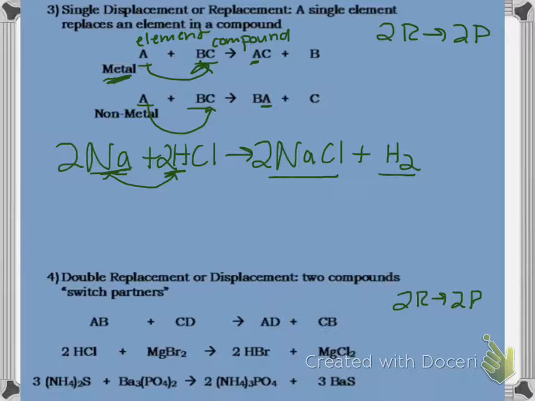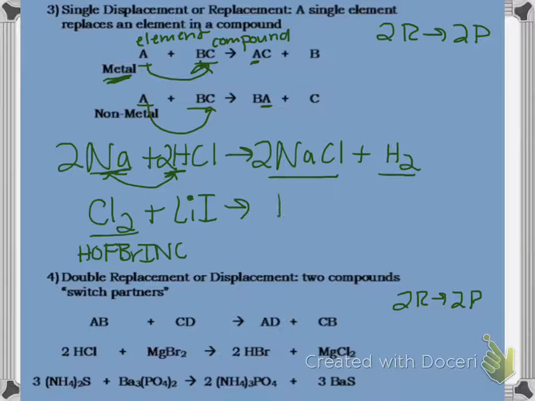A non-metal example, let's say I had Cl2, remember it's a Hofbrinkel, that's one of our diatomics, plus LiI.